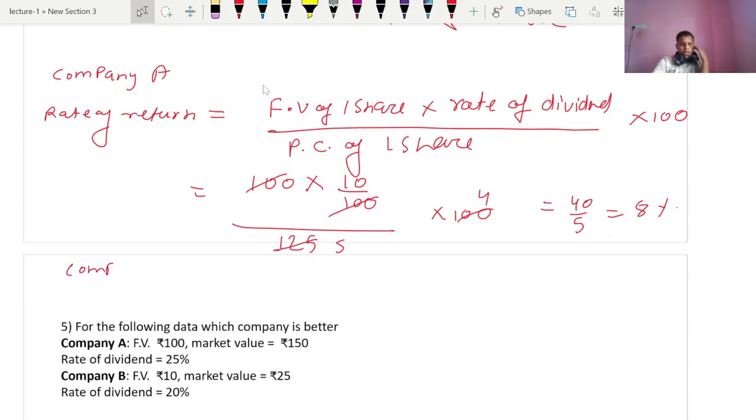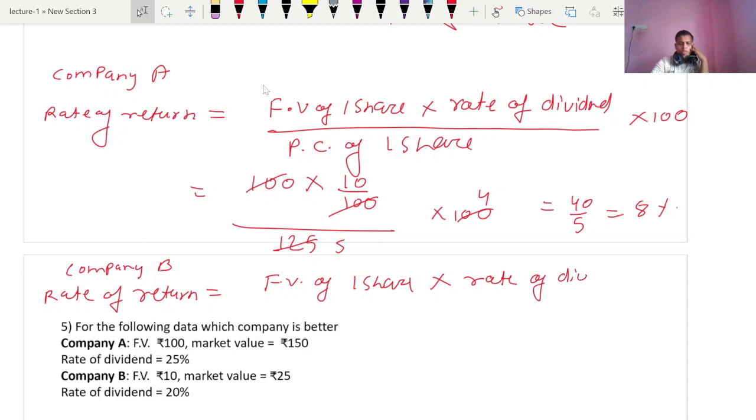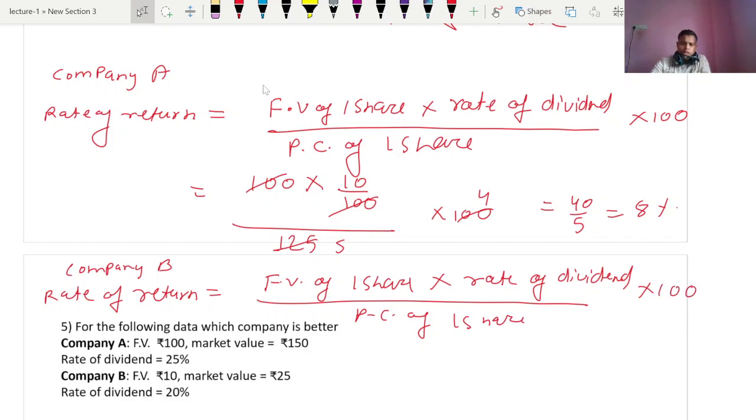So for company B, the rate of return is equal to the face value of one share multiplied by the rate of dividend, divided by the purchase cost of one share, multiplied by 100.